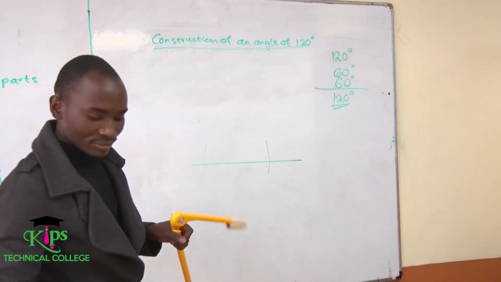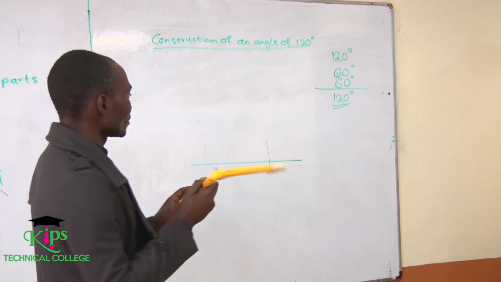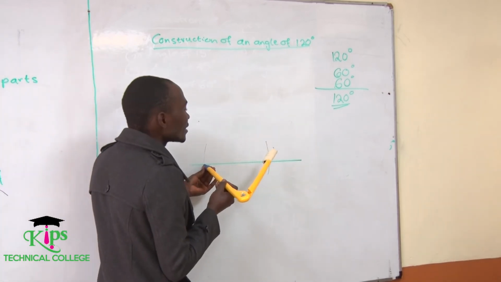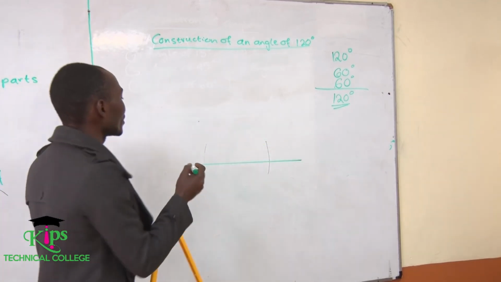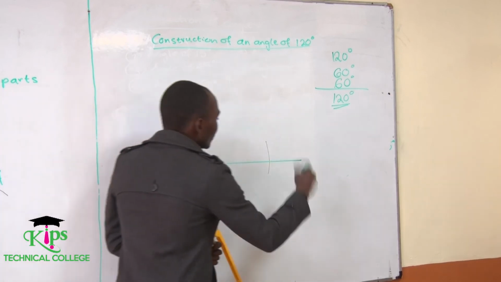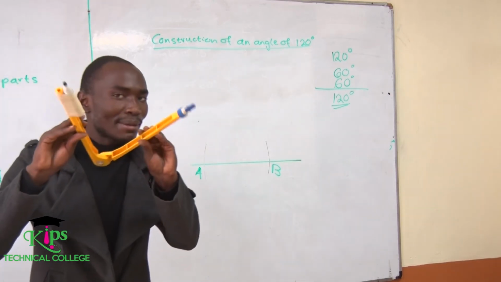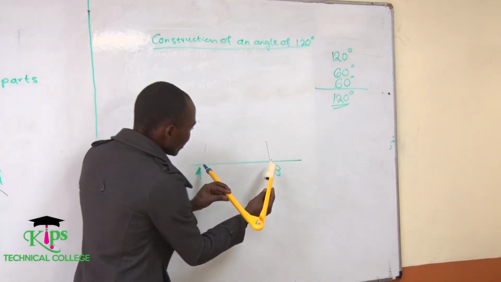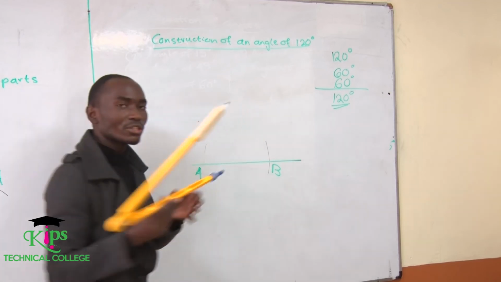So let's begin. So to construct 60 degrees, you come up here. You can see that this is the same measurements. I used that point. This is point A, this is point B. So I will use the same measurements here. You can see. This is the same measurement. So what do you need to do?